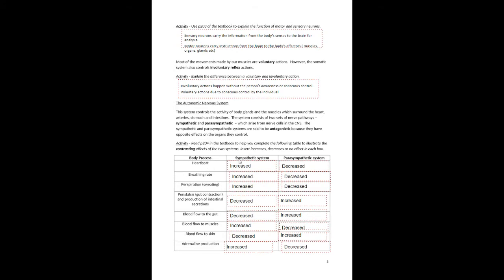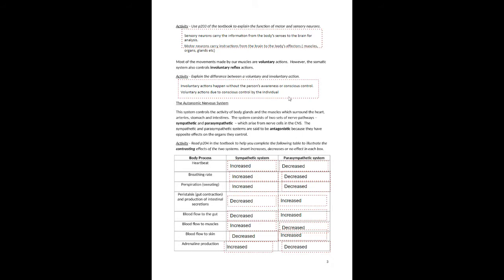They are antagonistic, so the bad guy in most books and films is the antagonist. So these are working against each other, and it's just whichever one is receiving more nerve impulses at any one time. So if your brain is producing more sympathetic impulses to your heart, the heartbeat will go up, even though there are some parasympathetic signals.